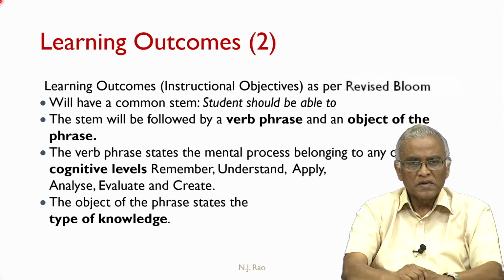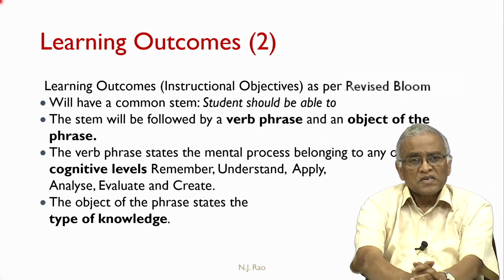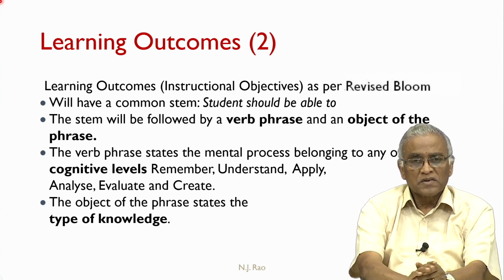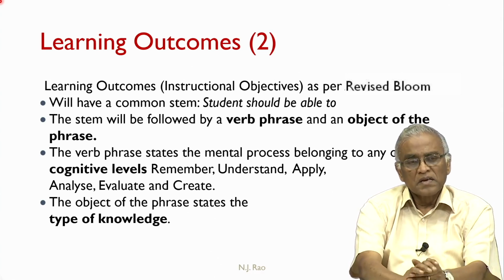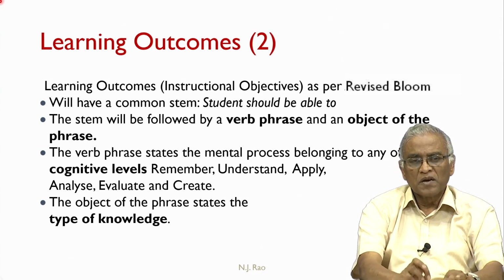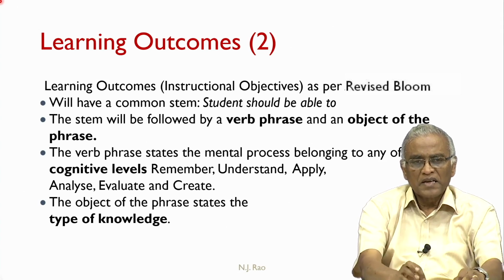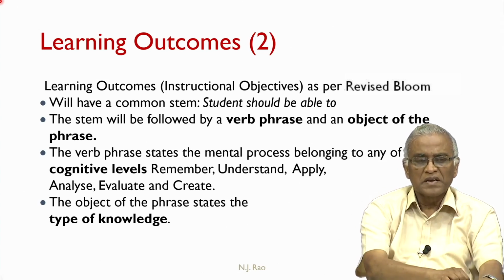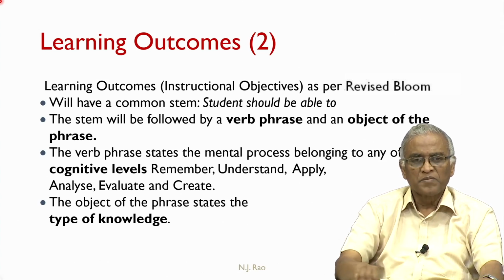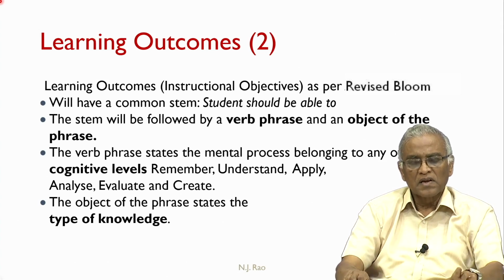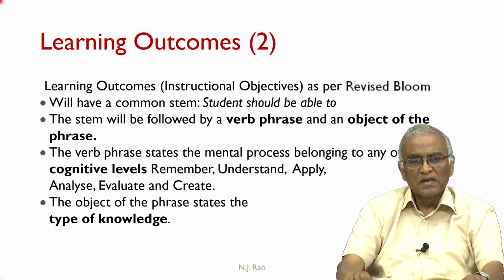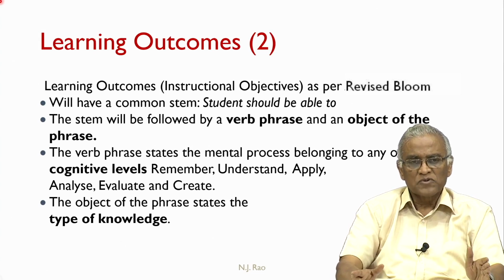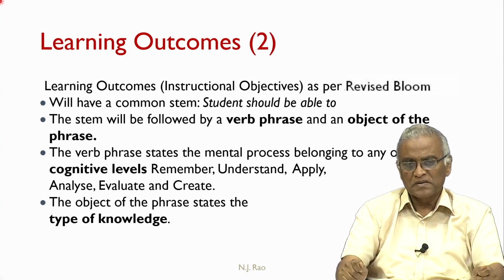Then what happens, the same learning outcomes and instructional objectives, as per revised Bloom, will have a common stem. That means "student should be able to", I will keep that aside. Whenever I read the course outcome statement, whether I write it or not, I will read it as "student should be able to", and then this stem should be followed by a verb phrase.